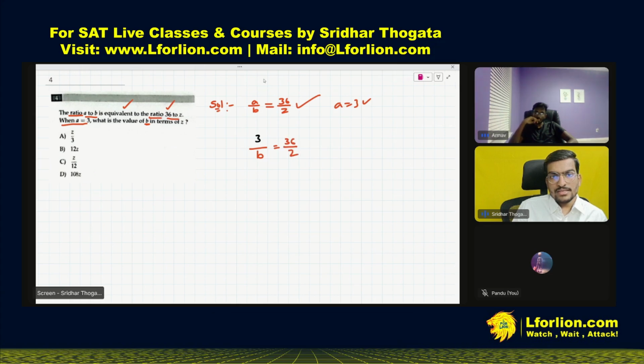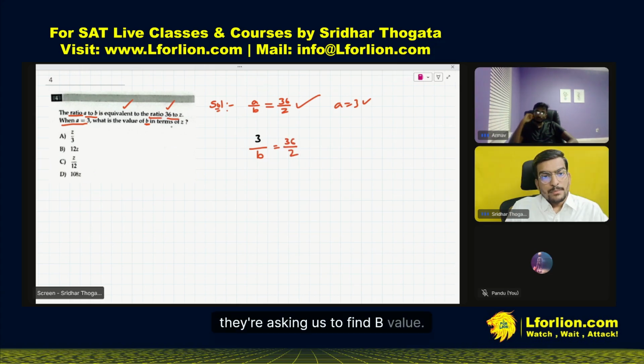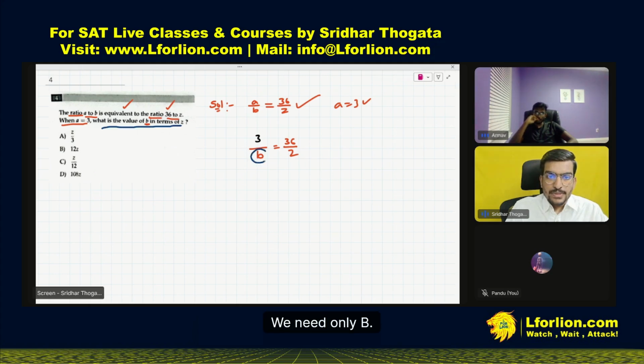Now they're asking us to find the B value. What is the value of B in terms of Z? We need only B. The answer must be in Z. It's a basic thing, I don't need to tell you in detail. Just send this to this and this to this.